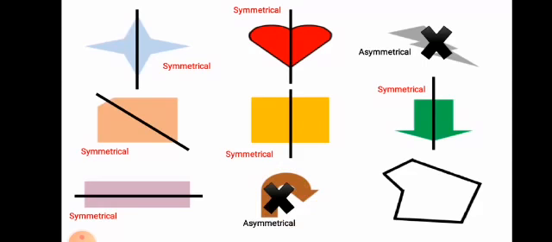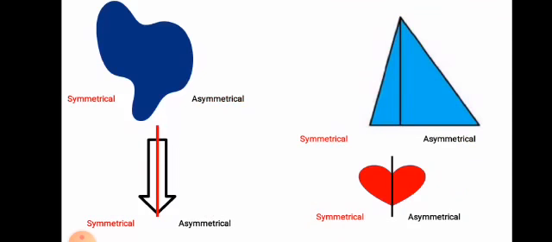What about this arrow over here? Let's try to divide it. Very good. We can see two similar sides. So, this is symmetrical. And here, very good. We can see two similar sides. So, also this is symmetrical. What about this shape?